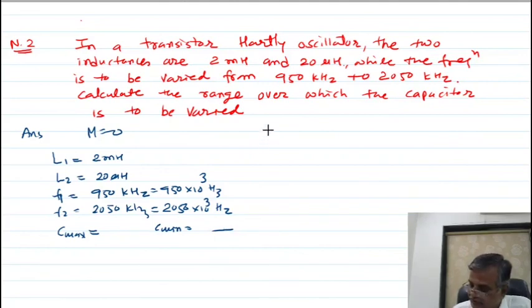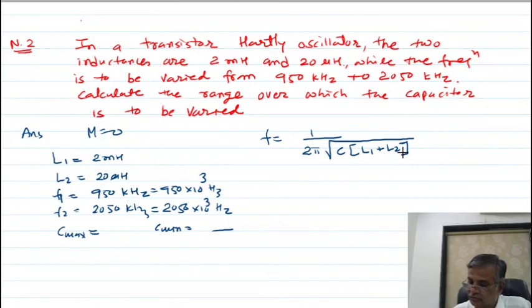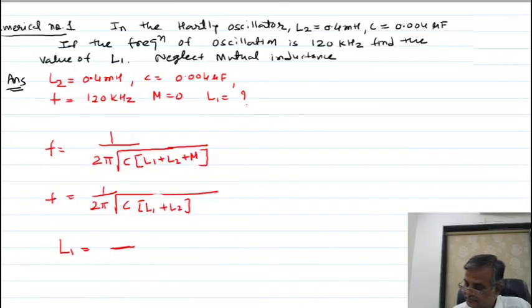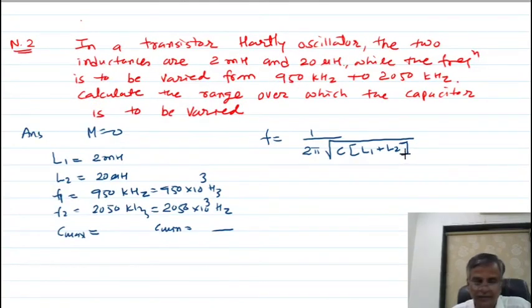So you know this equation: F is equal to 1 upon 2 pi root C into (L1 plus L2 plus 2M). M is 0 here. I should write it as 2M, not M. When frequency is minimum, then C is maximum.